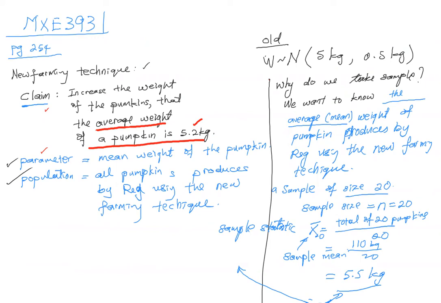So for every question from now onward, if you see the problem solving type, first of all, you have to know what the parameter is you want to talk about and what is the population from which you want to draw the conclusion on this parameter.